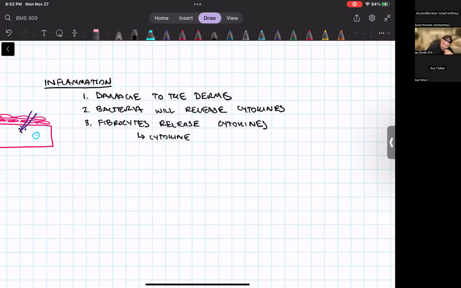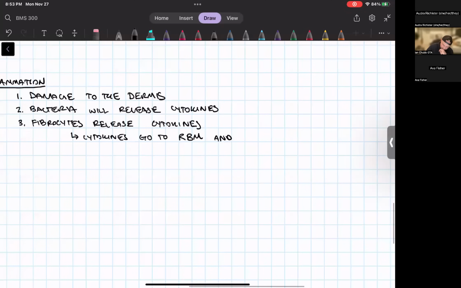So from there, maybe we'll add this as a sub step. Cytokines go to red bone marrow and mobilize. What are the two cells that we're going to mobilize from the red bone marrow?